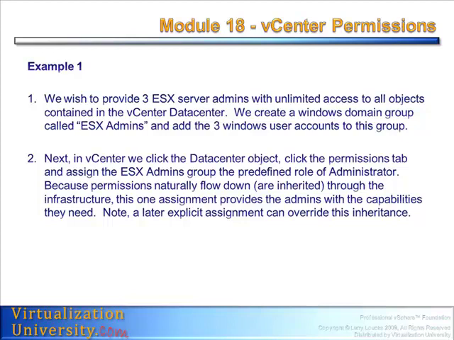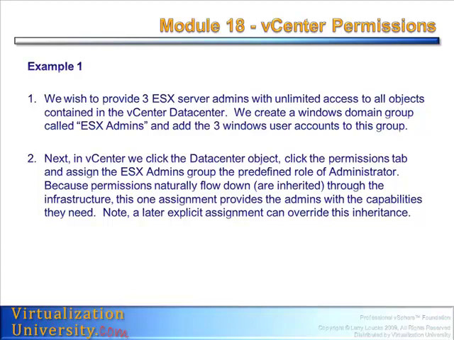So for a couple of examples, imagine we have 3 ESX server admins, and we want to give them unlimited access to all the objects within the vCenter database. So we create a Windows domain group called ESX admins, and we add those user accounts into that group. Next, we go into vCenter, we click the data center object. The permissions in vCenter, like many other tools and applications in the industry, flow down to the objects under them.